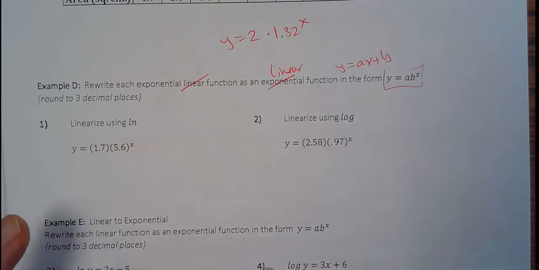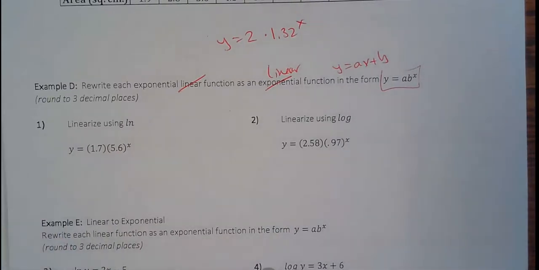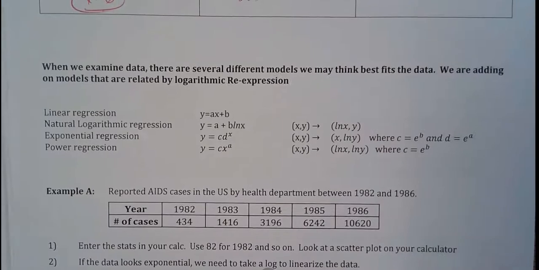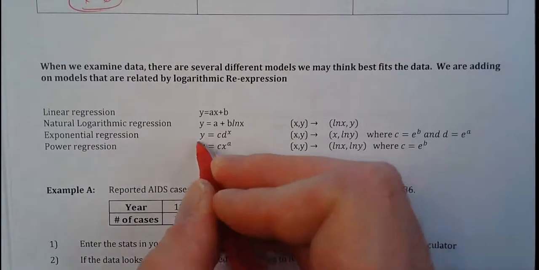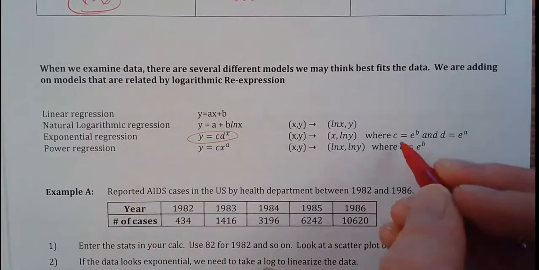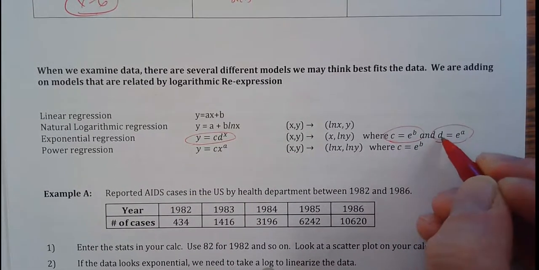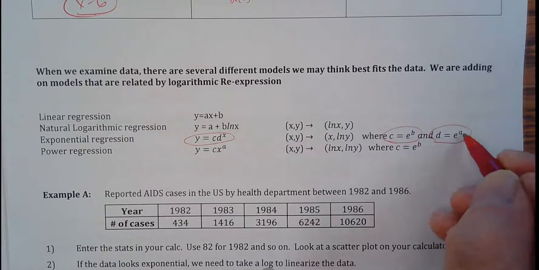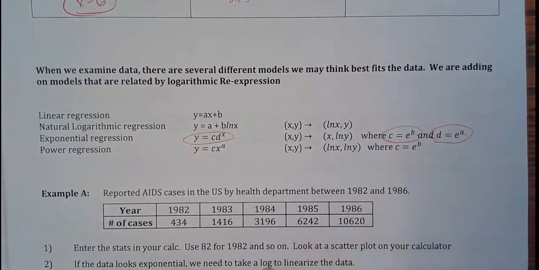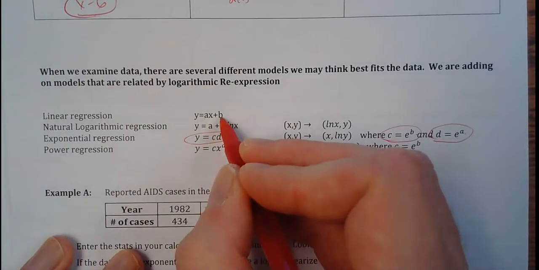And if you look on the front of your paper there, somewhere in this area, it has these guys here. In exponential form, you have the c and the d, where c equals e to the b, and d equals e to the a. Well, a and b is what I'm looking for to write my a and b.